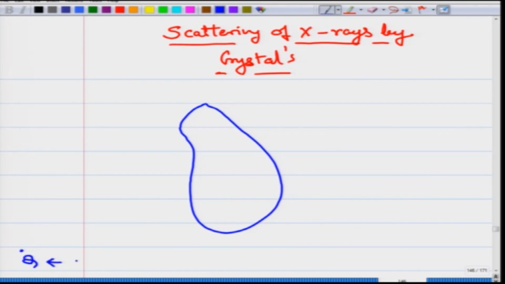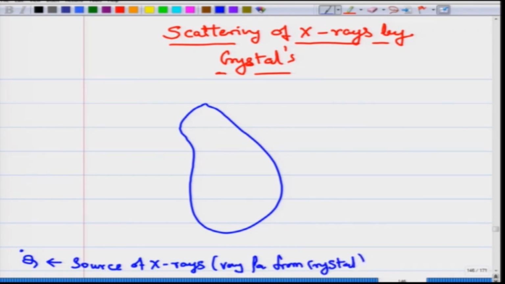This is the source of X-rays, which is very far from the crystal. So, for all practical purposes you can consider it at infinity. From this source, of course, at the source it is generating spherical wave fronts, and therefore the light is going all across. Let us first set up a line of sight.